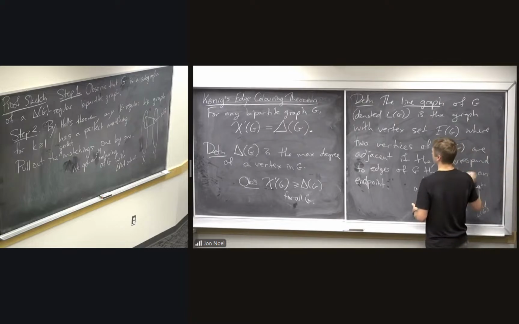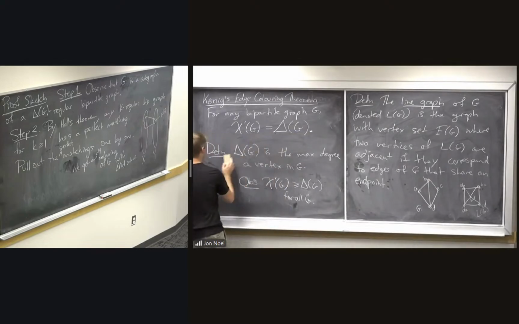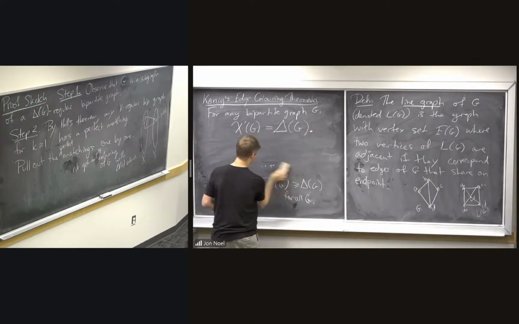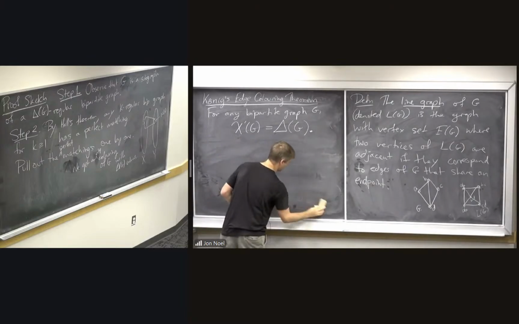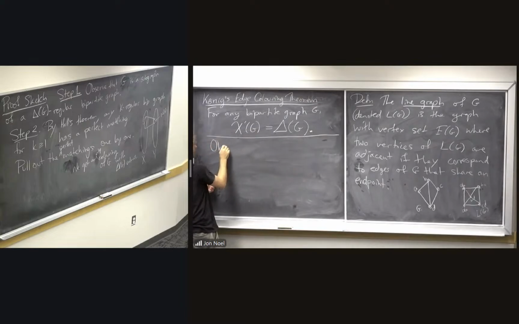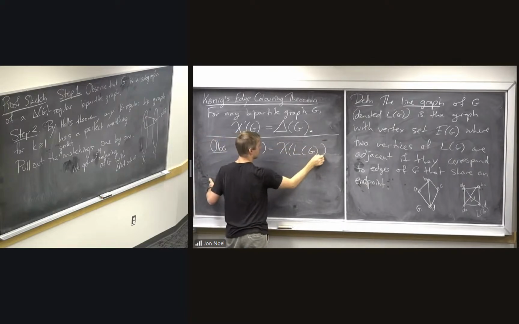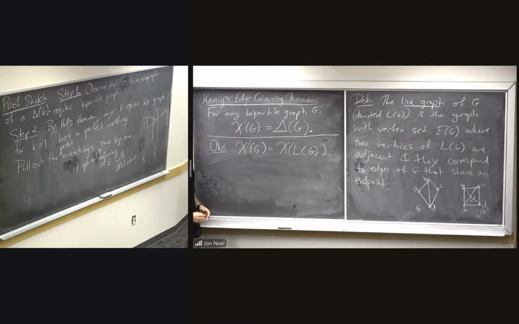So yeah, an observation is that the chromatic index of G is the same thing as the chromatic number of the line graph.